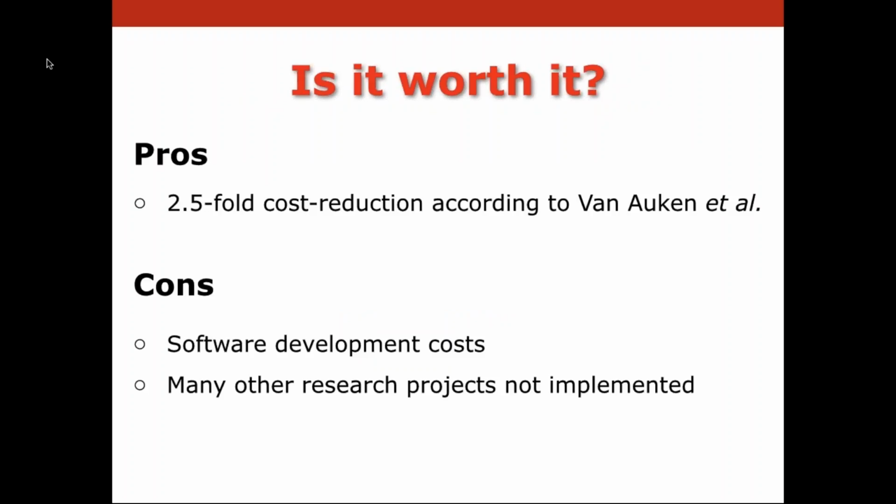But despite that, here I call this a cost reduction. That's not how they phrased it in the paper, but in the paper they say a 2.5-fold increase in curation efficiency. So it's still pretty good. You can annotate more than 2 times the number of papers that you would without the system.